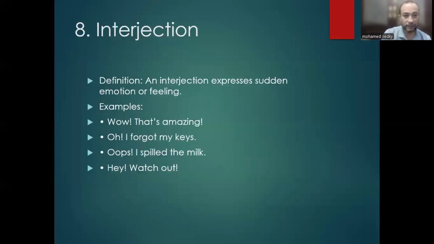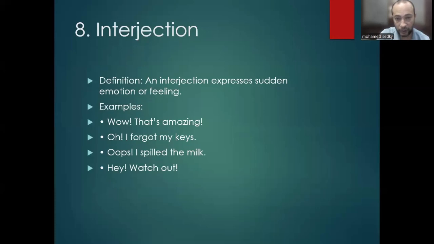Now, the last thing that we have for our lesson today is the interjection. The interjection is used to express a sudden emotion or feeling. So it doesn't have any grammatical function in the sentence.